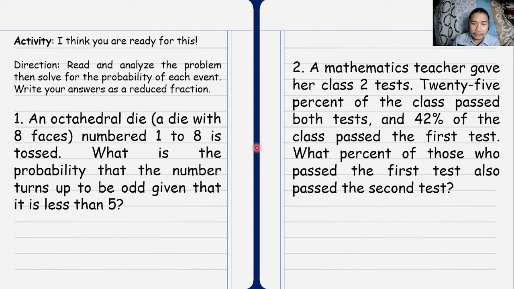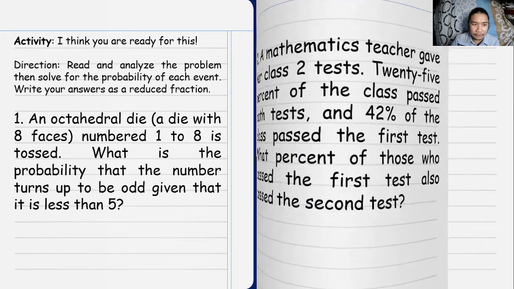And then after nyo masagutan or masolve, i-click nyo na lang ulit yung play dito sa video for me to reveal the correct solution. So since tapos na kayo magsagot, i-reveal na natin yung solution.